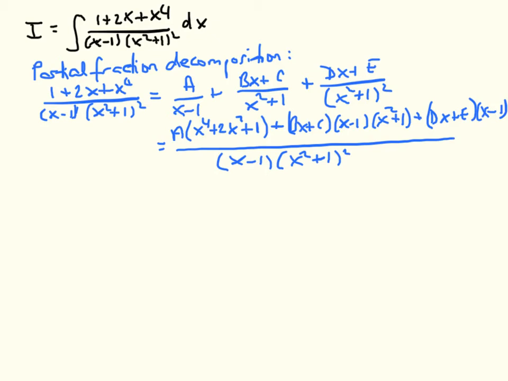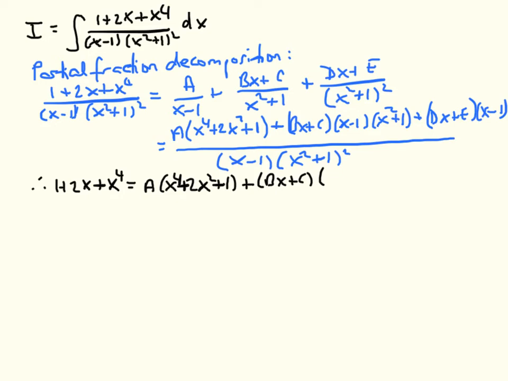So this tells us that 1 plus 2x plus x to the fourth is going to be equal to a times x to the fourth plus 2x squared plus 1, plus. Now we can just multiply these terms out, but let's do it slowly. We have bx plus c times, now x minus 1 times x squared plus 1 is x cubed plus x minus x squared minus 1.